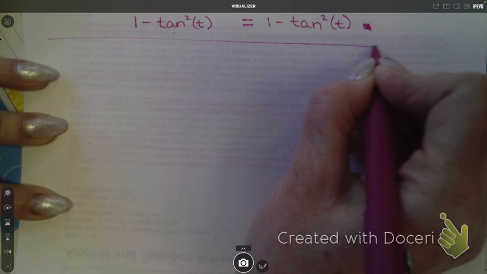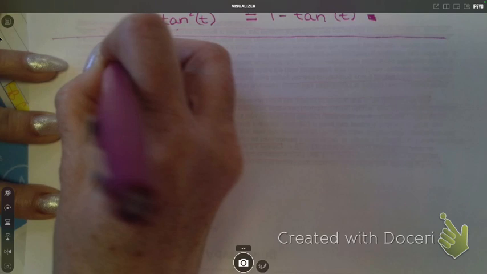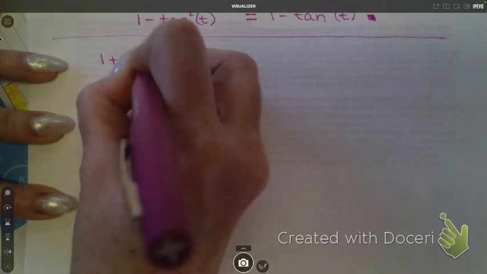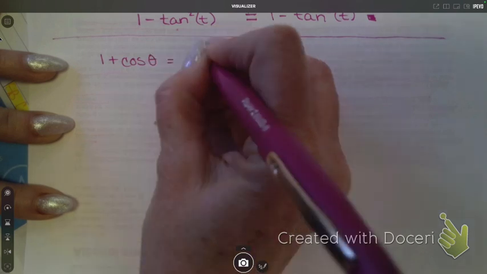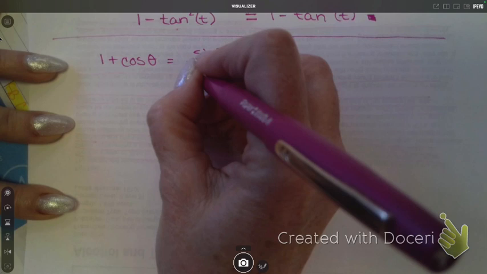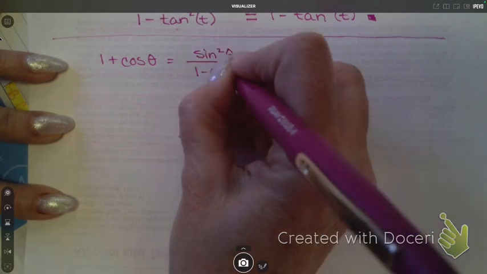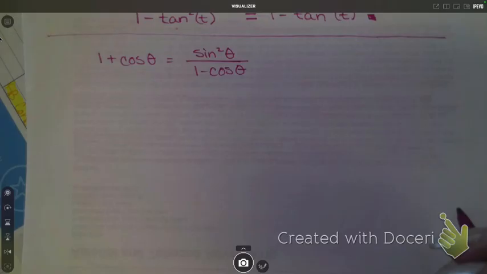That was my point. 1 plus cosine of theta equals sine of theta divided by 1 minus cosine theta. If you want to use the blank paper, grab a bunch rather than using your lines.